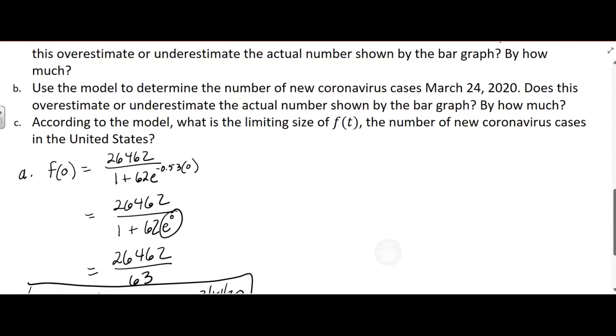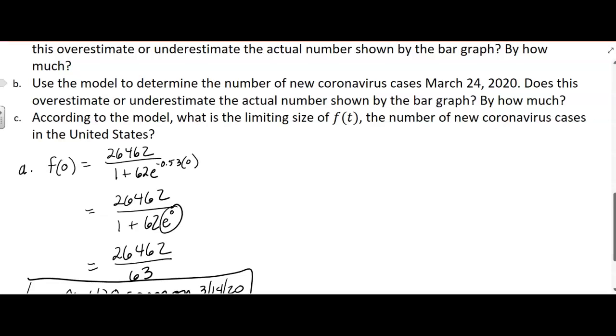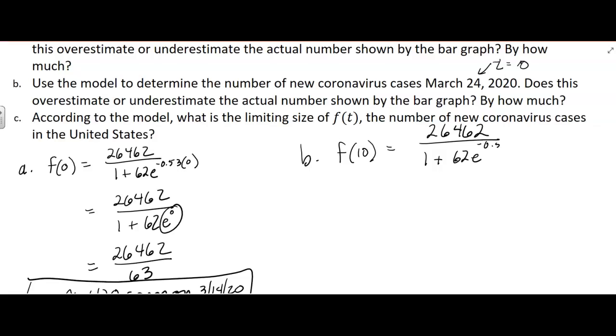Now, use the model to determine the number of new coronavirus cases on March 24th, 2020. That means t is 10, since 10 days have gone by. So for part B, we're finding f of 10, plugging in 10 for t into our formula.